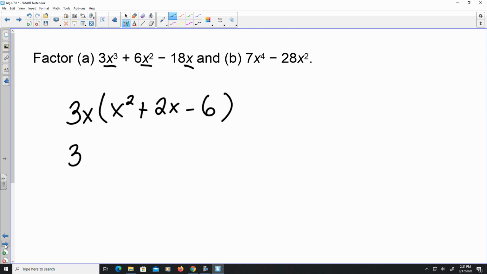So I'll drop down the 3x. This turns to parentheses, parentheses. I got x here, different signs. So one's plus, one's minus, larger numbers attached to the plus.